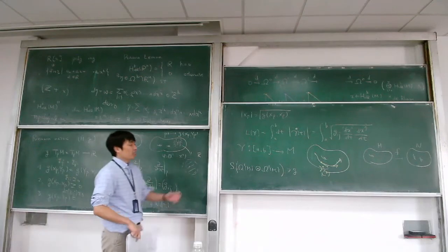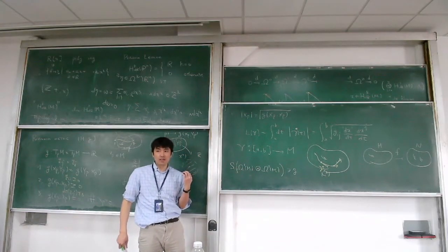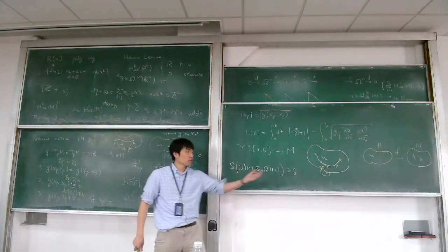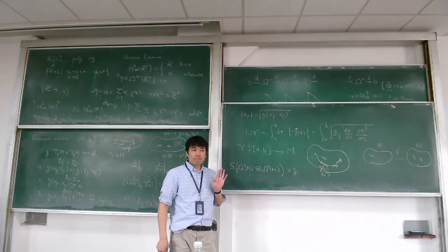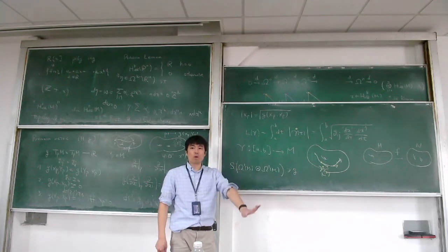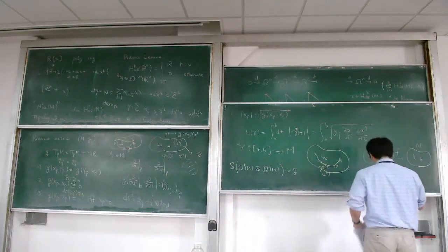So we know that this differential one-form can be pulled back under a smooth map, whereas a vector field can be pushed forward under a smooth map. So we did the same operation.